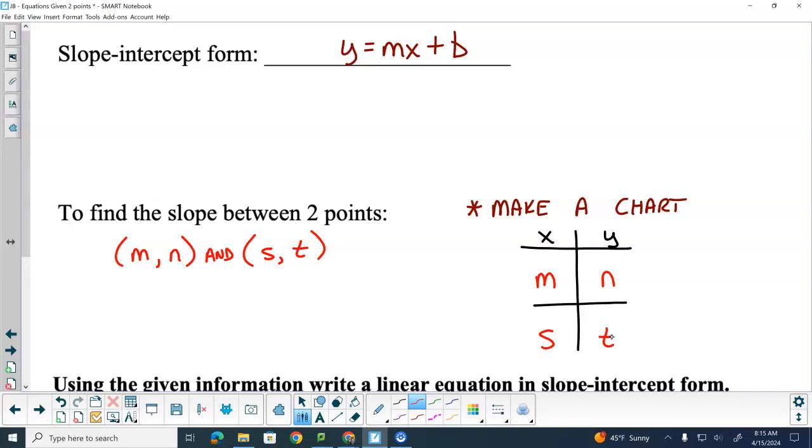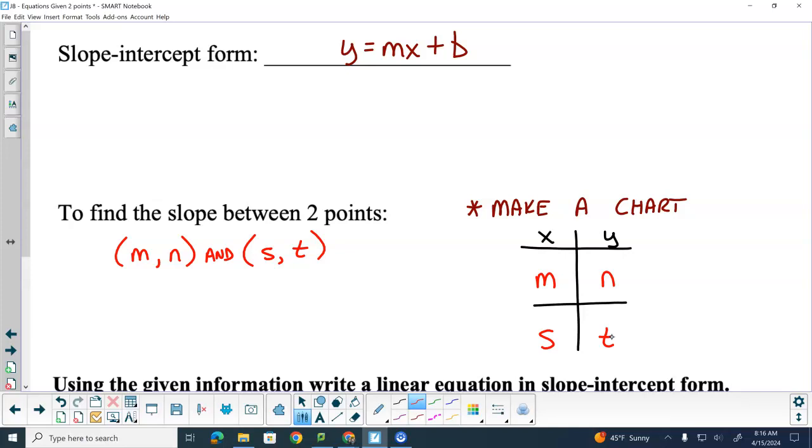How do we find the slope of the line based off of a chart? Do you remember how we found it last week? You can look back in your notes. You got all the stuff right there.